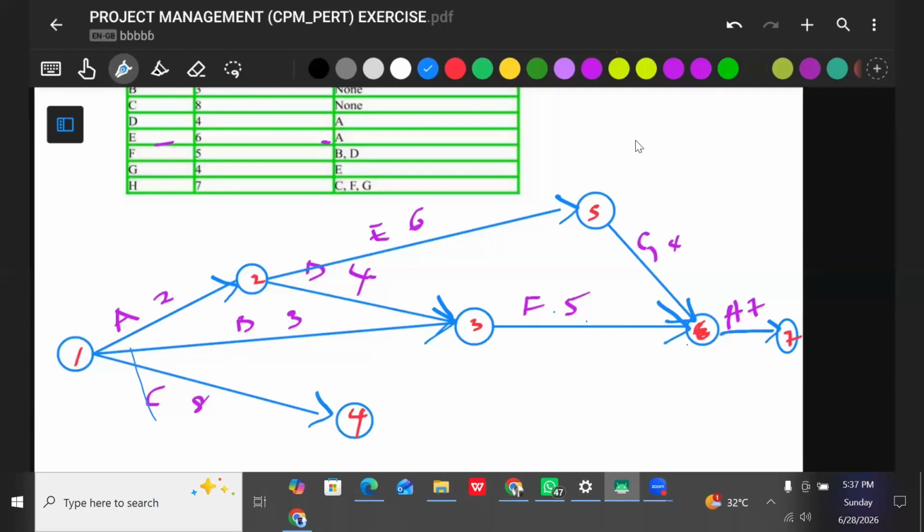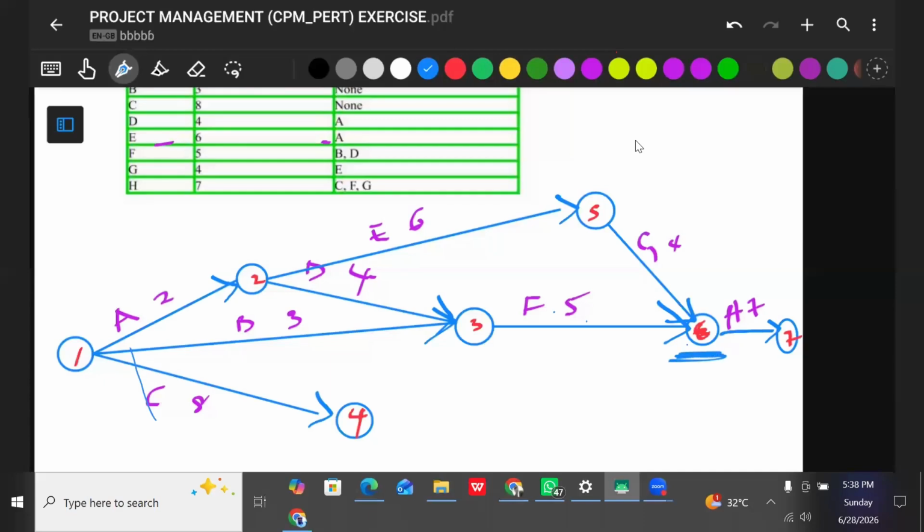Okay, Daniel, fantastic. What you do in this case is where we introduce what we refer to as a dummy activity. We call it an activity as well because we just use it to complete the network diagram. Now, we have C, F, and G meeting. They are supposed to meet at this point.